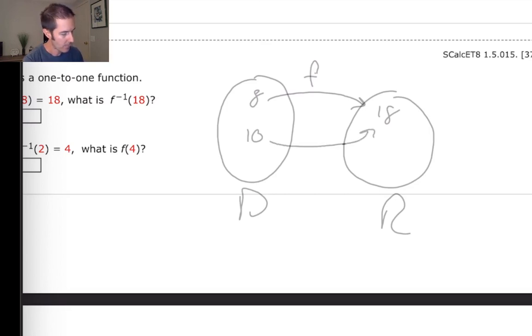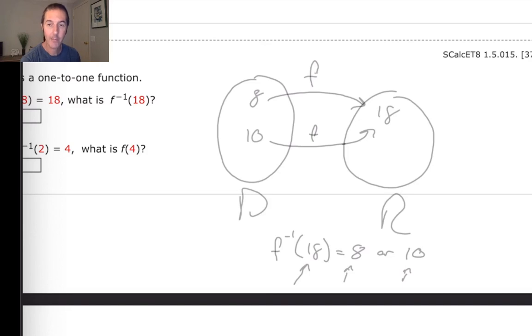If that were the case, and then I tried to go from 18 in the range back over to the domain, f inverse of 18, as I try to map again from the range back to the domain, this equals two different values. This would equal 8 or 10. One input value, two output values, not a function.